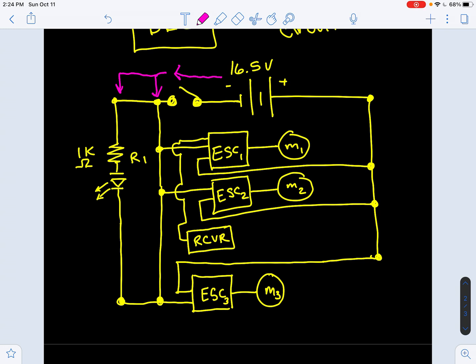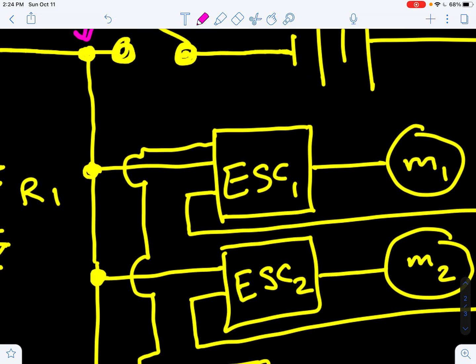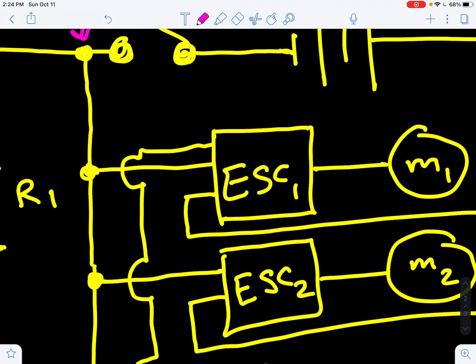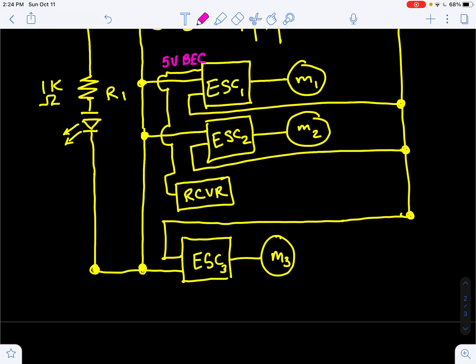The first ESC we have, you can see powering the receiver, and that might even be marked with 5-volt BEC line, identifying that it is a 5-volt line connecting to the receiver and powering it.